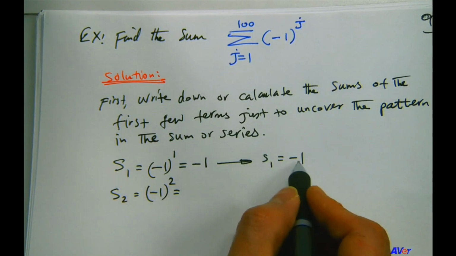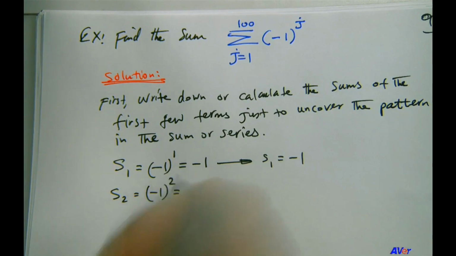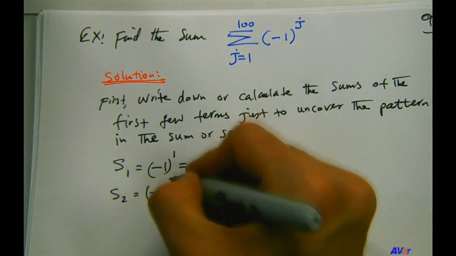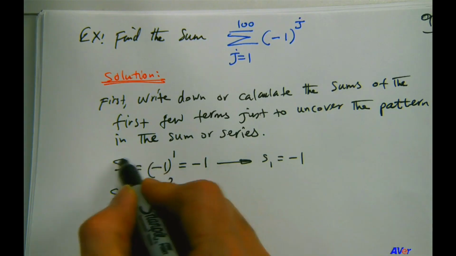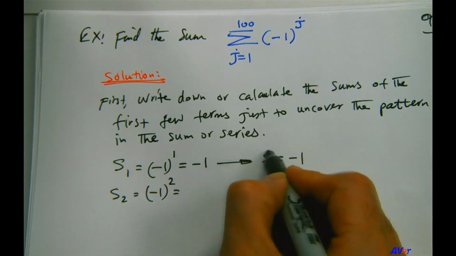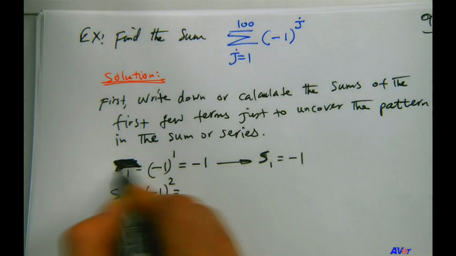That would be negative 1 plus, so I should correct this. Well, let's do it this way. It's better if I put the S1s here, and it's more clear, I think. So I'm going to get rid of these.